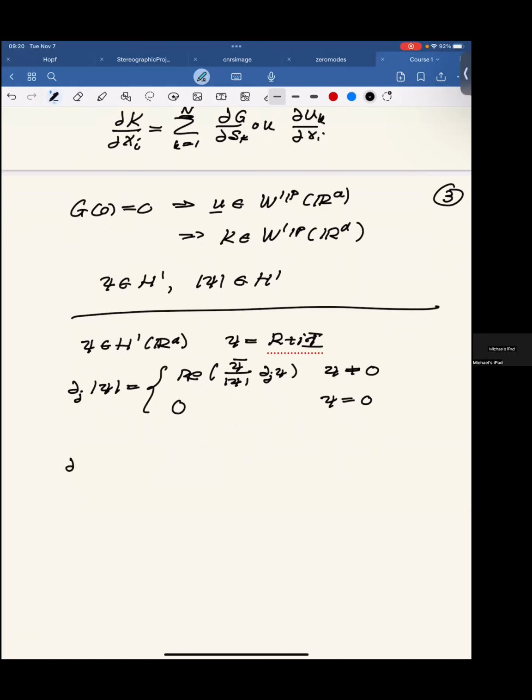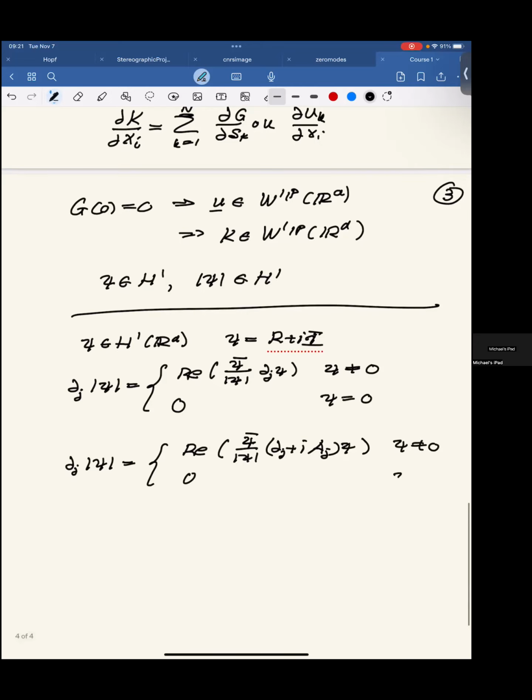When I look at d_j psi, I can also add for free, since I have the real part here, (d_j plus i a_j) psi. Do you agree? This is when psi is not equal to 0, and 0 when psi equals 0. So this is for free.